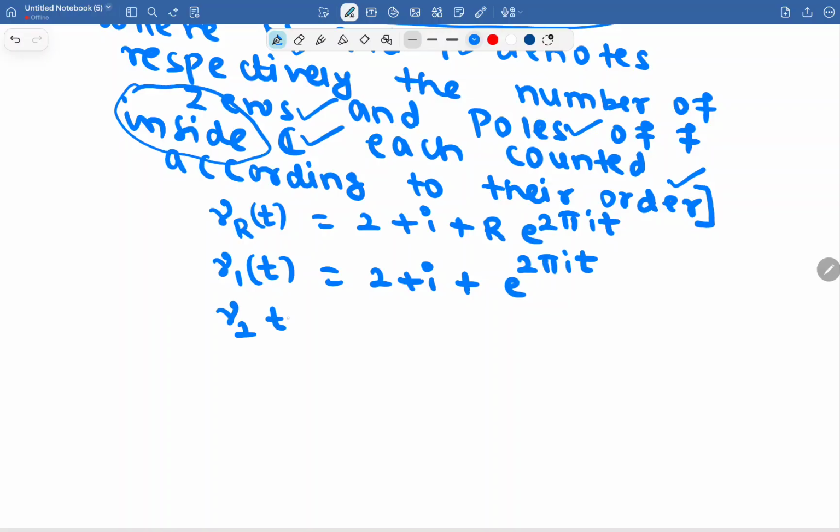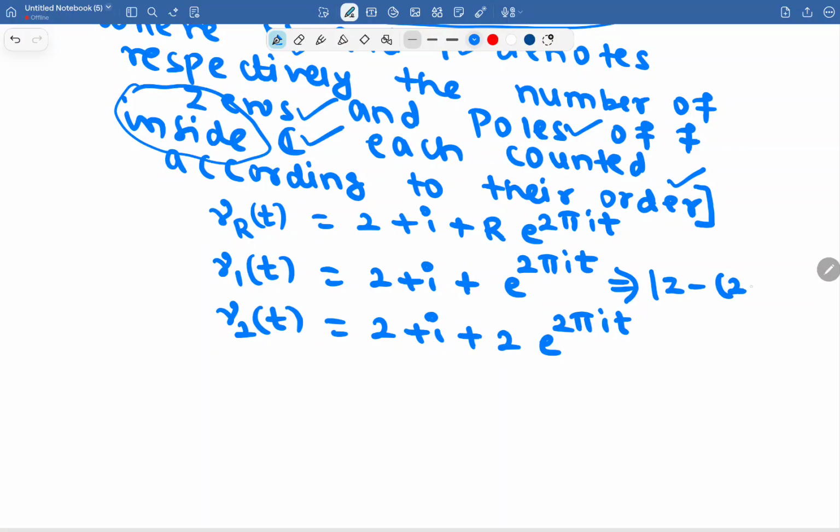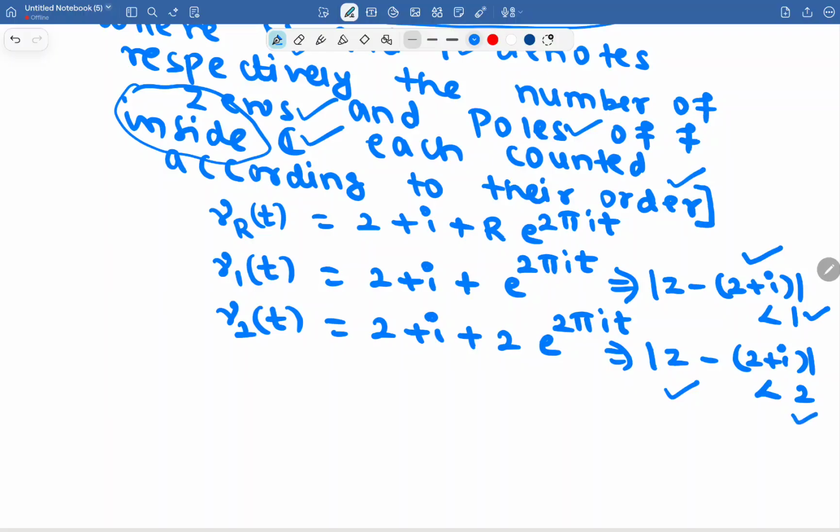What is gamma of 2 of t? 2 plus i plus 2 times e power 2 pi i t. This can be written as modulus of z minus (2 plus i) less than 1, and this as modulus of z minus (2 plus i) less than 2. Center 2 plus i, radius 1. Here center 2 plus i, radius 2.